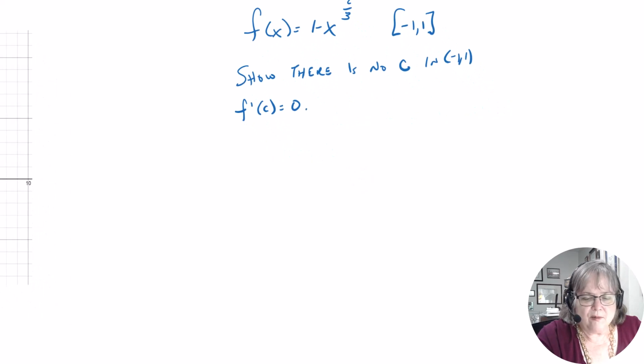And why does this not contradict Rolle's theorem?